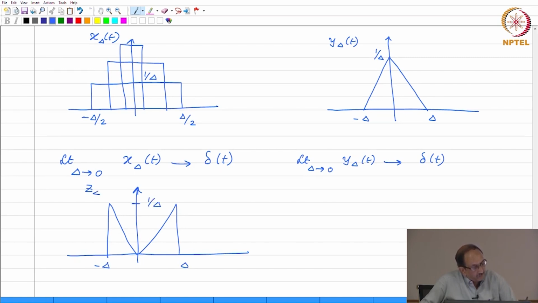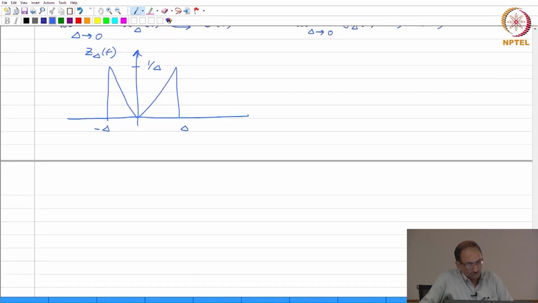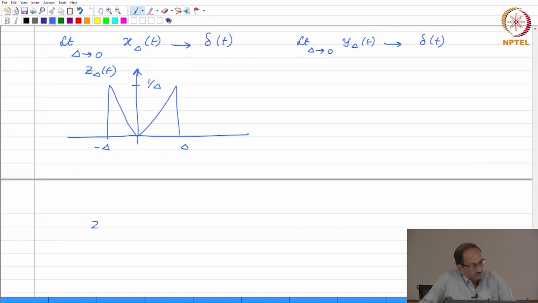Let me call this z delta of t. What is z delta of 0? Zero. z delta of 0 is 0 for all delta, okay.